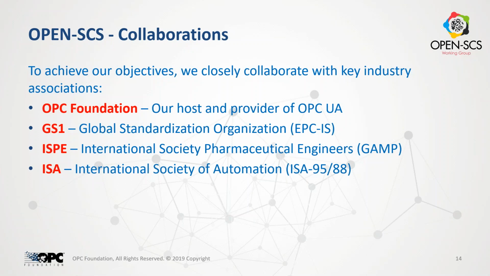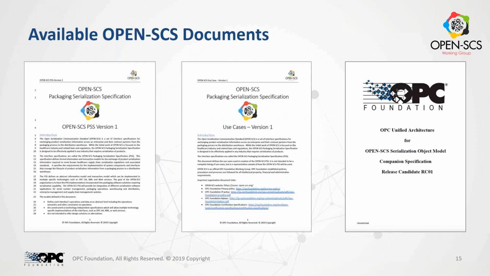And then also working with ISA, the International Society of Automation, because they have the ISA 95 and 88 standards, which are heavily used standards inside manufacturing that deal with both batch manufacturing and deal with the MES, or manufacturing operations management systems, that are out there. So in working with these organizations, we've tried to make sure that we're consistent with their definitions and not redoing something that they have already done.